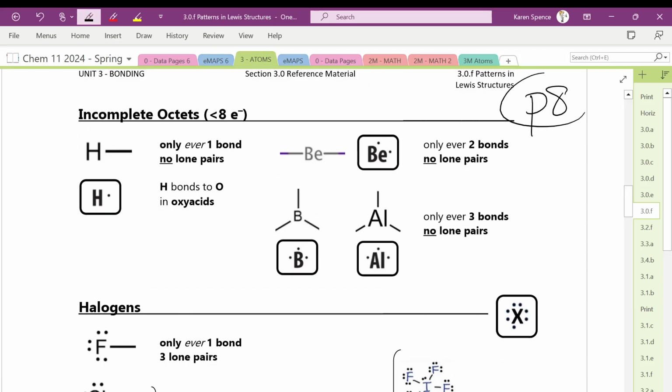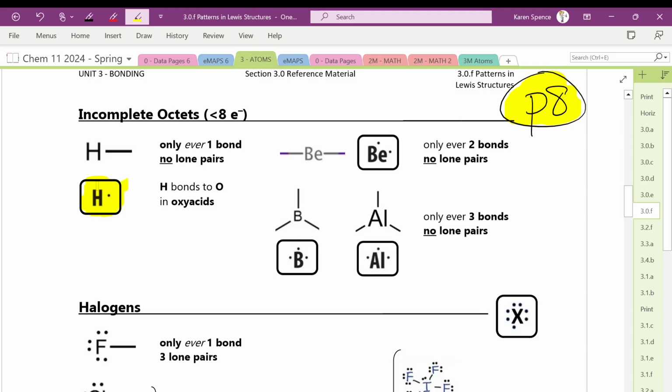Now there's some extra stuff on here that we're going to ignore for now. We're going to ignore the thing that says incomplete octets because we're going to come to that either late today or tomorrow. But for now, we're going to go to page 8 and we're going to say, here is hydrogen.